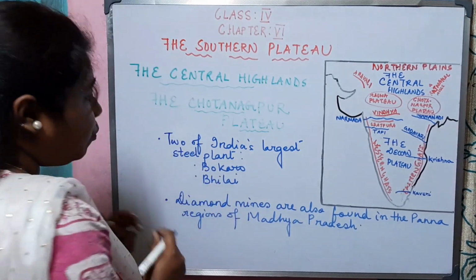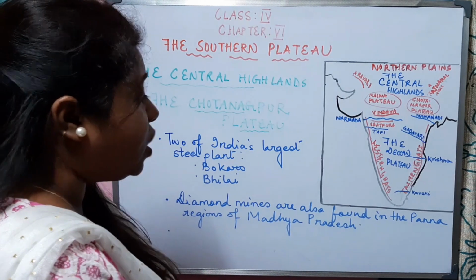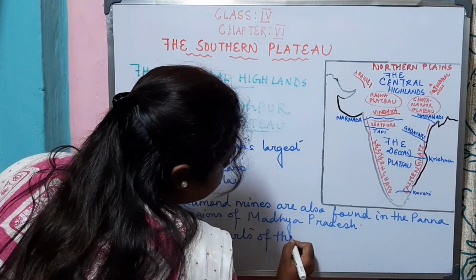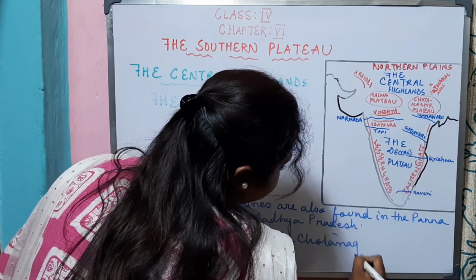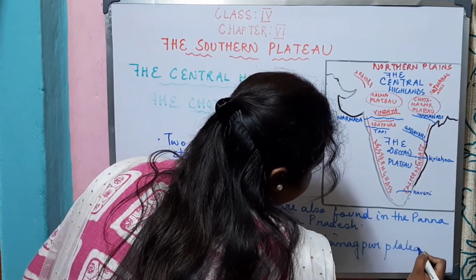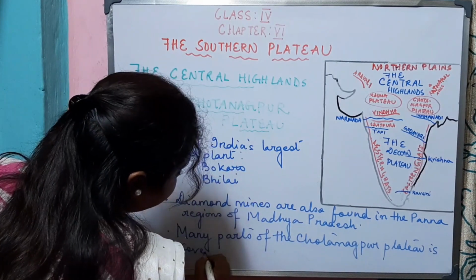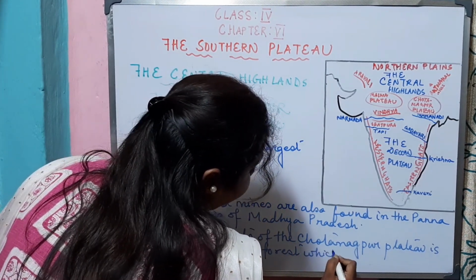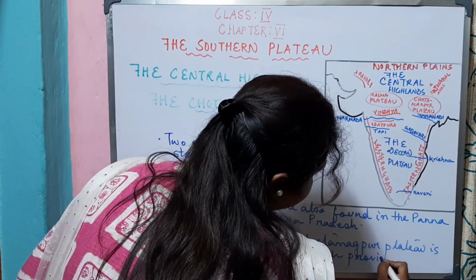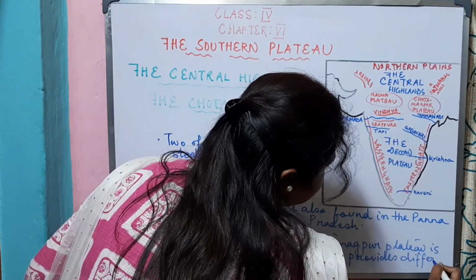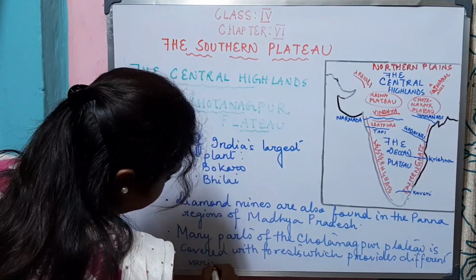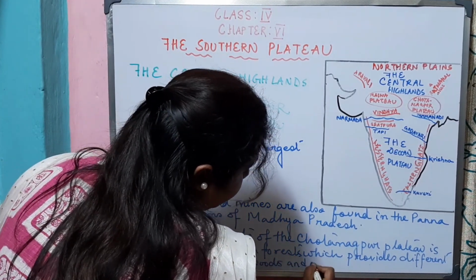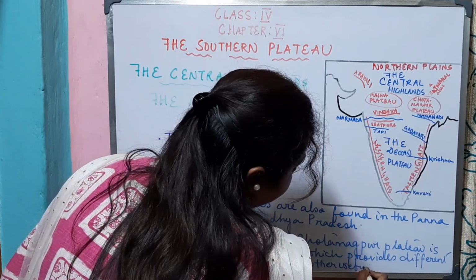As we have read that the Chotanagpur Plateau is very rich in mineral resources, we can also see that many parts of the Chotanagpur Plateau are covered with forest, which provides different varieties of wood and other useful things.